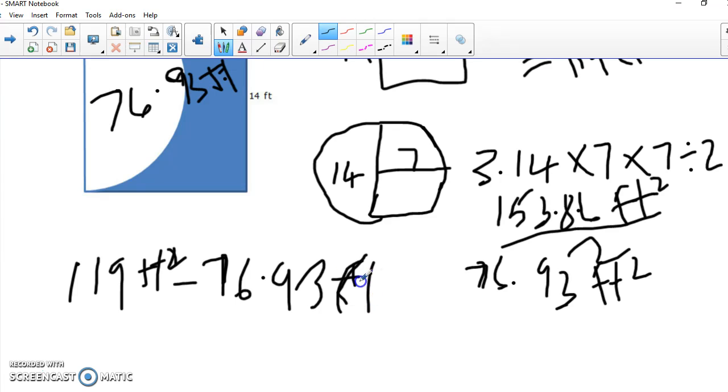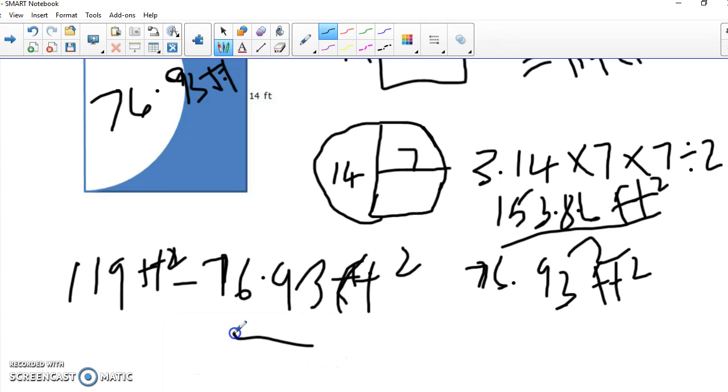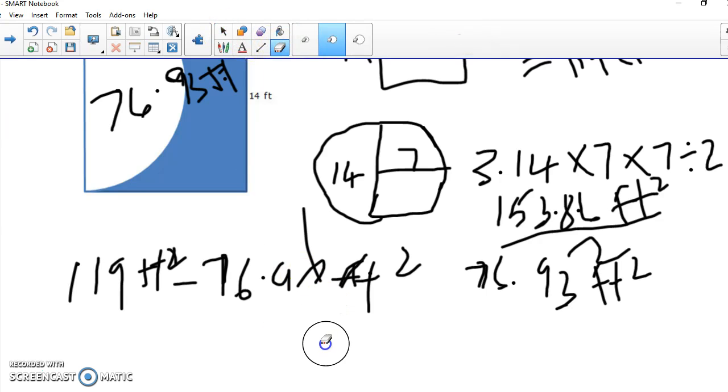And my final answer would be, we don't need this line right here. Let's go back to my pens.